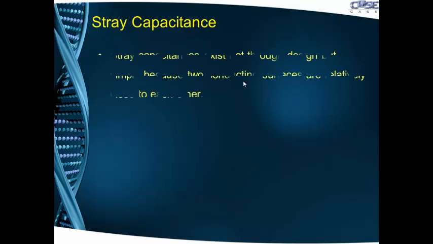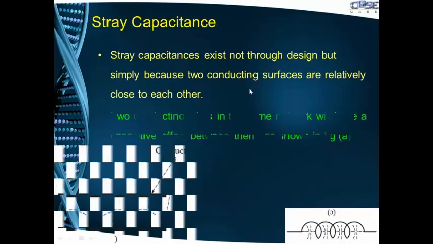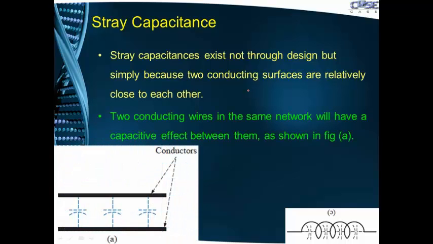Next is the stray capacitance. Stray capacitances exist not through a design but simply because two conducting surfaces are relatively close to each other. So when we have connecting wires or conductors that run parallel to each other, there would always be a capacitance that would be created within these conductors.